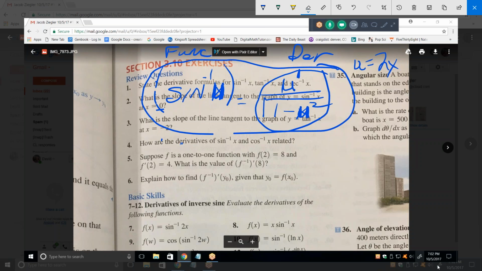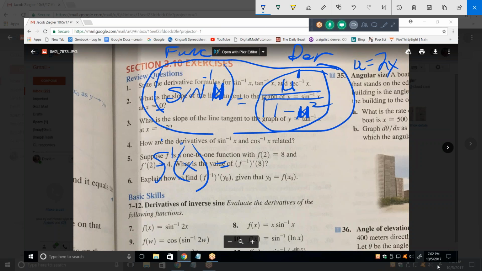For example, number 7 is 2x. So, what is f prime of x for number 7? Plug it directly in. What's the derivative of the outside, meaning the derivative of the inverse sine of u?